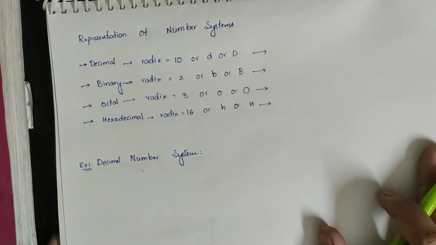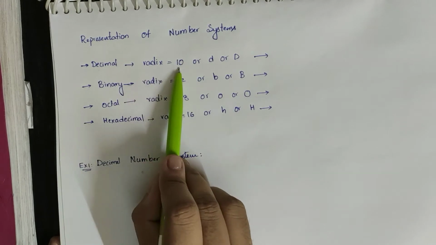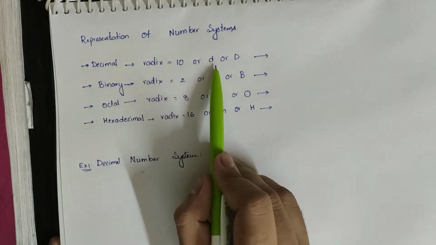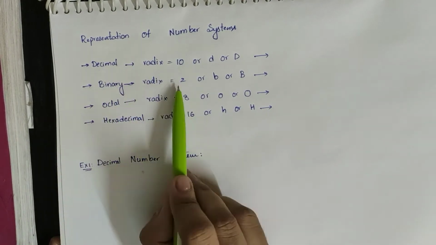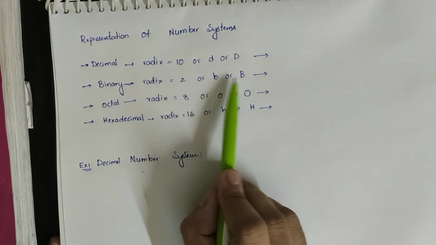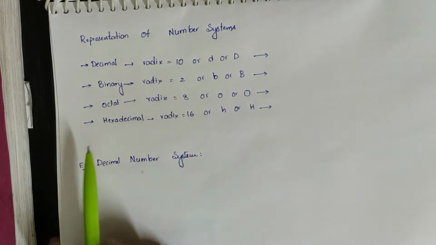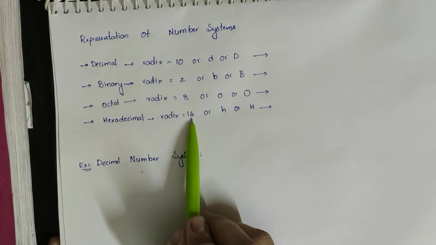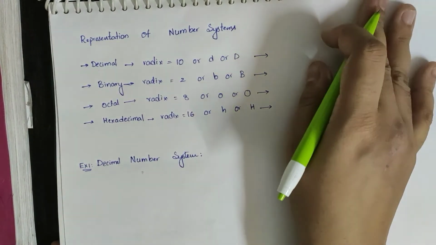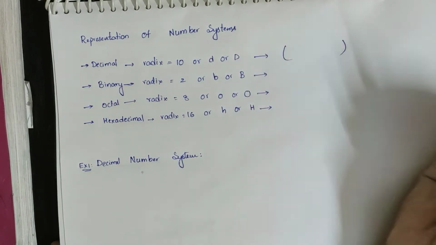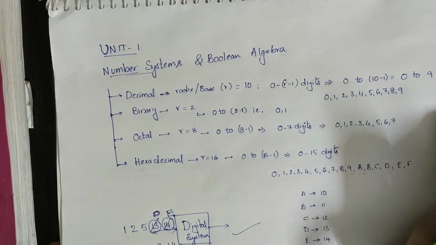Next one is representation of number systems. For the decimal number system, we know the radix is 10, or in the capital D notation we will represent the radix. In binary we know that it is 2 or B. Octal number system 8 or O. Hexadecimal number system, the radix is 16 or H. The decimal number system will have numbers from 0 to 9.